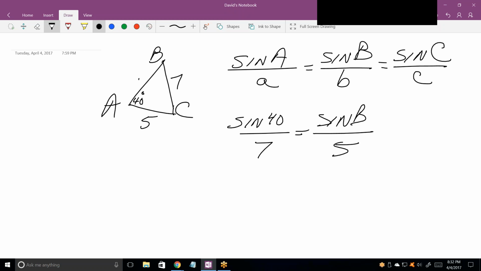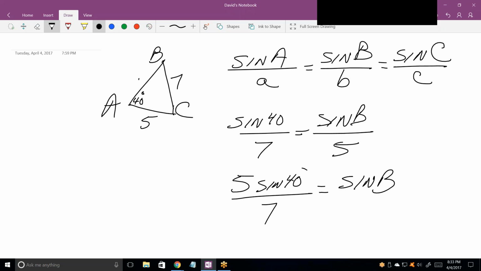You cross multiply. You don't really need to cross multiply, but you do need to multiply both sides by 5. Cross multiplying is a little self-defeating because you would have to divide both sides by 7. So there's no point in cross multiplying. But this is the next step.